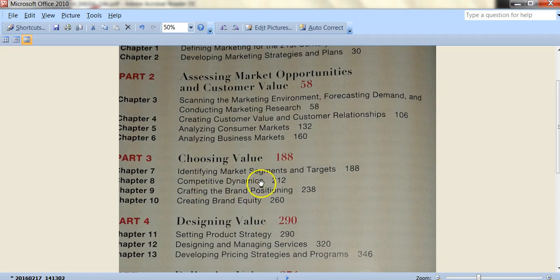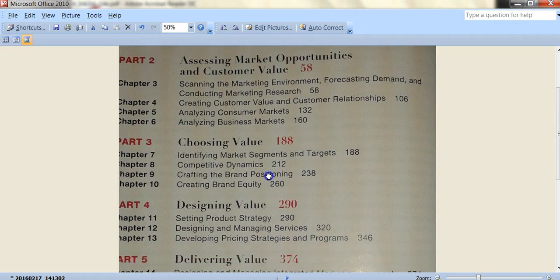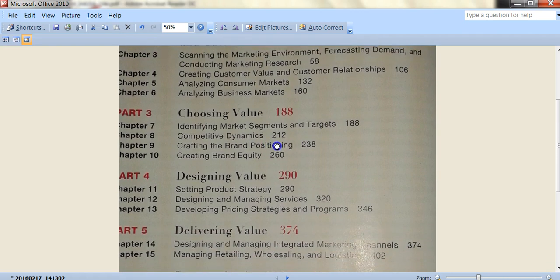So we keep an eye on our competitors always, and since we have got our target market, we now try to position ourselves in the market in a way that our target segment finds us as the best match for them. We know already that this segment is our best match, but now we want to see them also find us as the best match for their problem, and we want to do it in the cover of a brand.